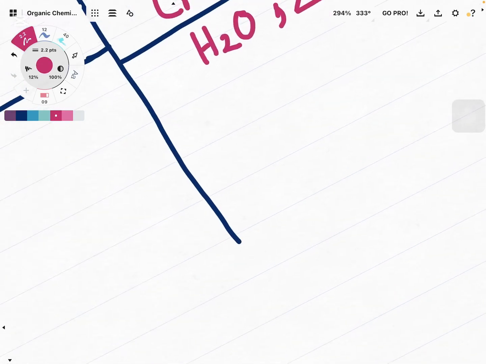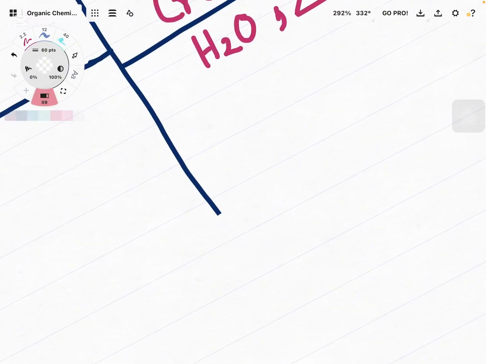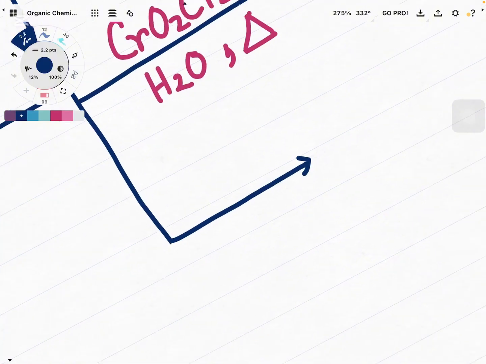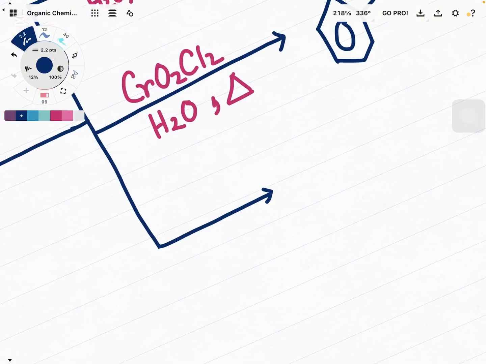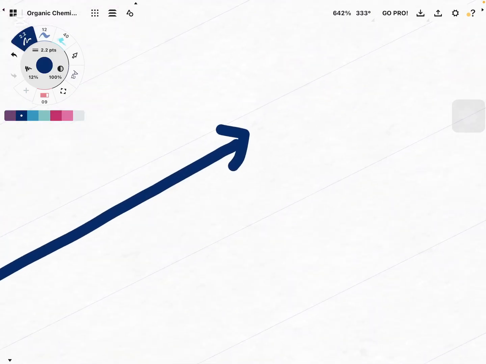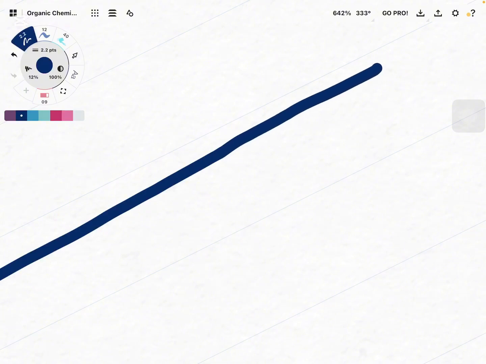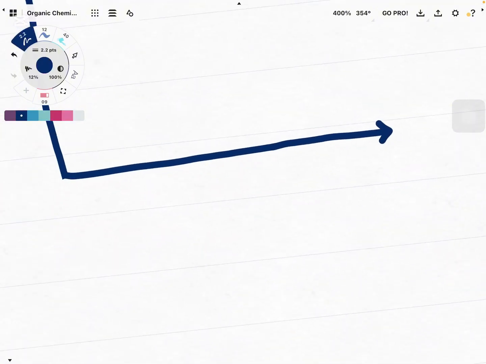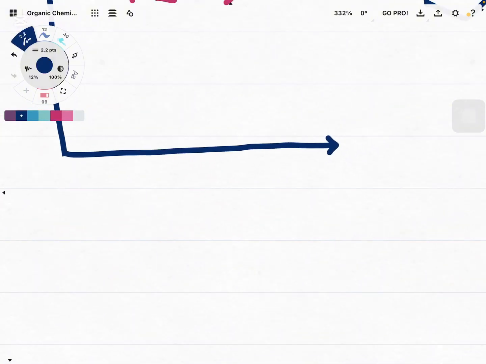So moving to our third reaction, it is a very important reaction, or maybe a new kind of reaction. So let me put it here.